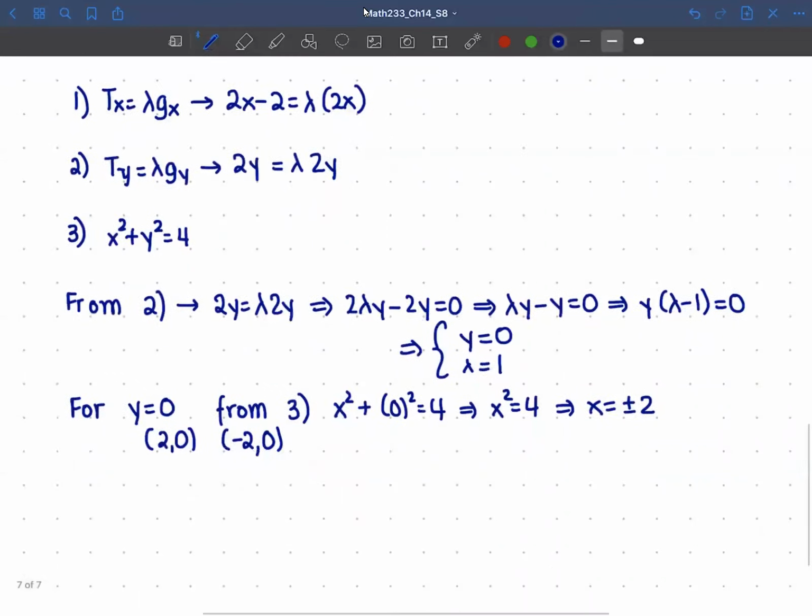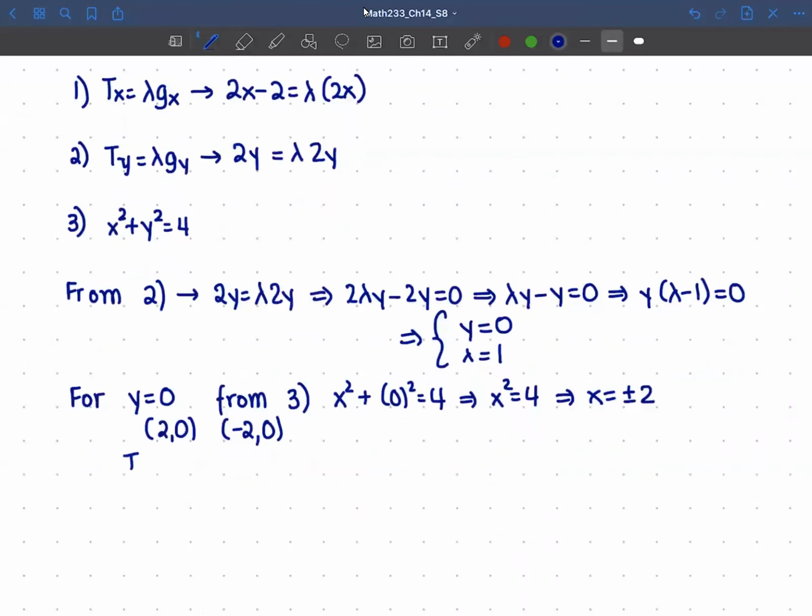Let's find the temperature at those two points. The temperature at (2, 0) is 2 squared plus 0 squared minus 2 times 2. That gives us 0 degrees Celsius. So the temperature at the point (2, 0) is equal to 0 degrees Celsius.